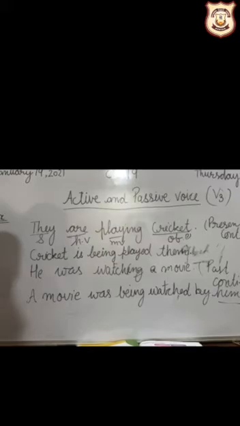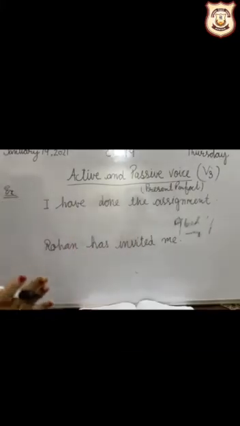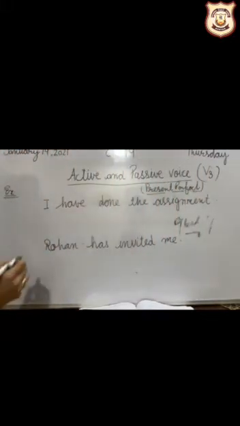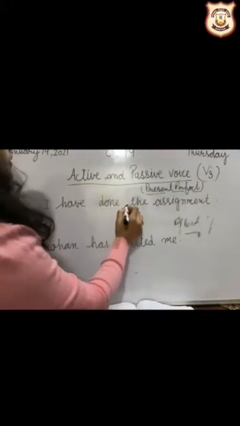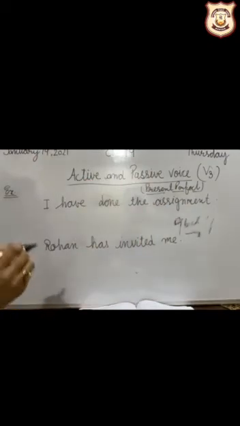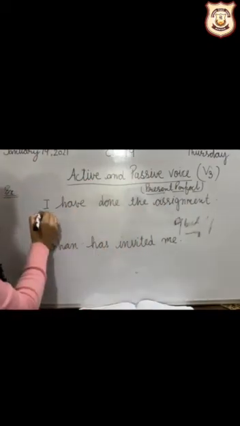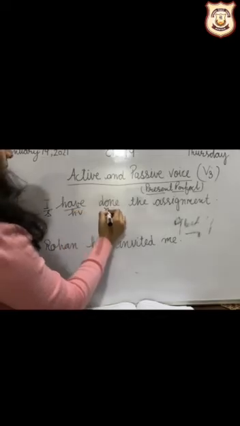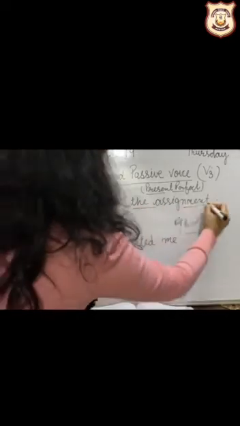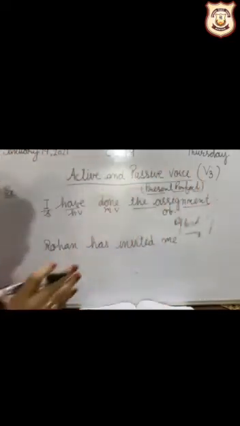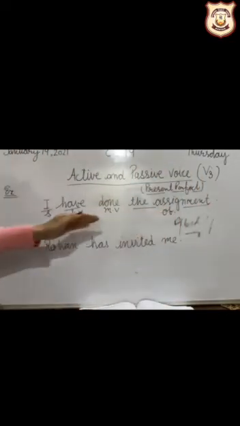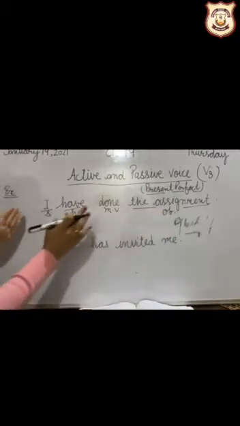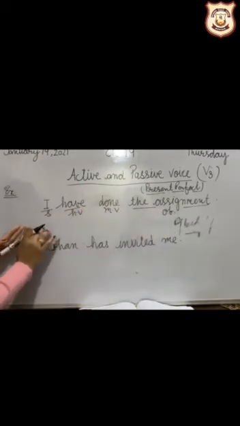Okay. Now let us see examples of present perfect tense. I have done the assignment. This is subject, helping verb, main verb, and this is the object here. So what we need to do? We need to place the object as subject.